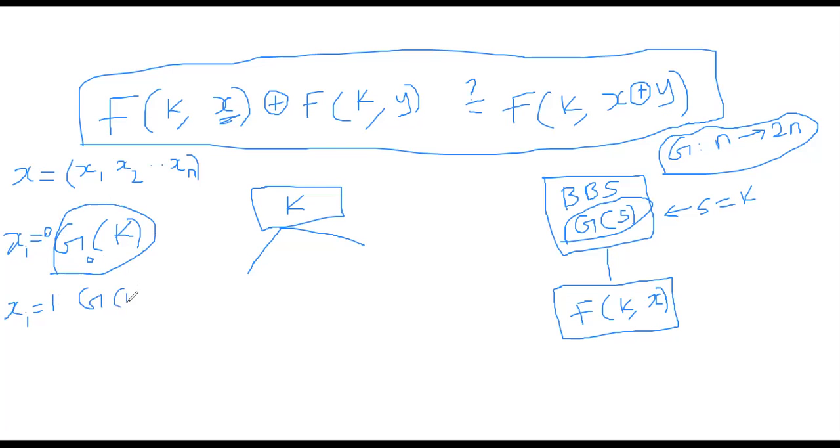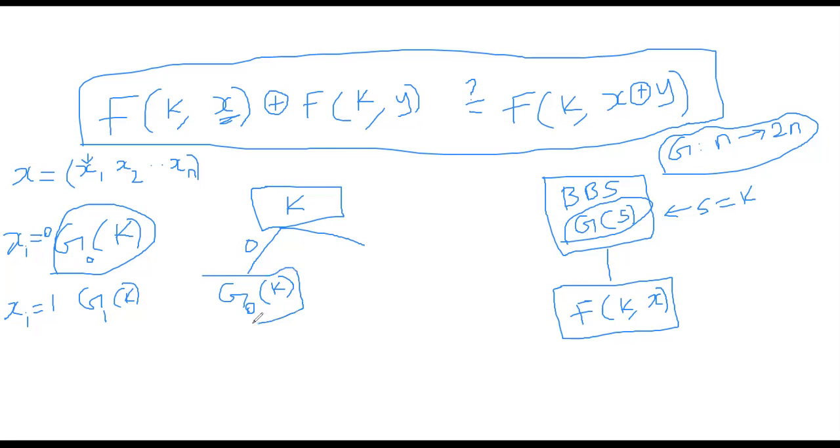That's what we do in this tree construction. We decide whether the current xi bit is 0 or 1, starting from the left. This is x1. If it is 0, we take g0 of k, the first half of the output of g.